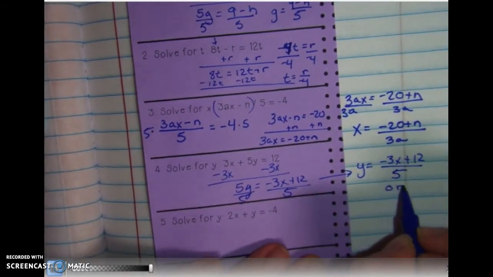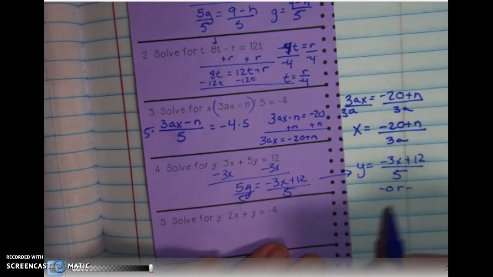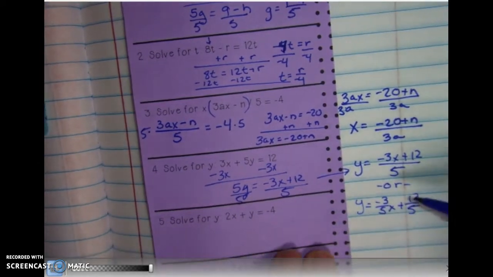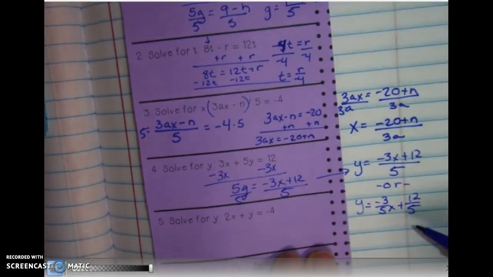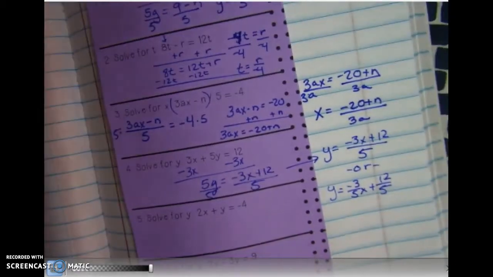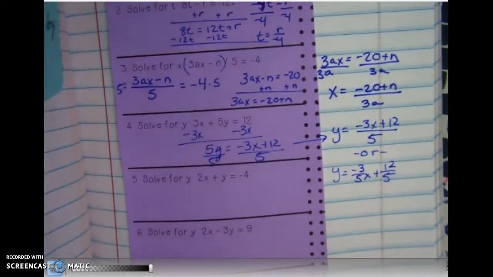I could also write it like this, and we'll write it like this later on. y equals negative 3/5 x plus 12 over 5. You can write it either way. This way at the bottom is going to help us when we go to graph.